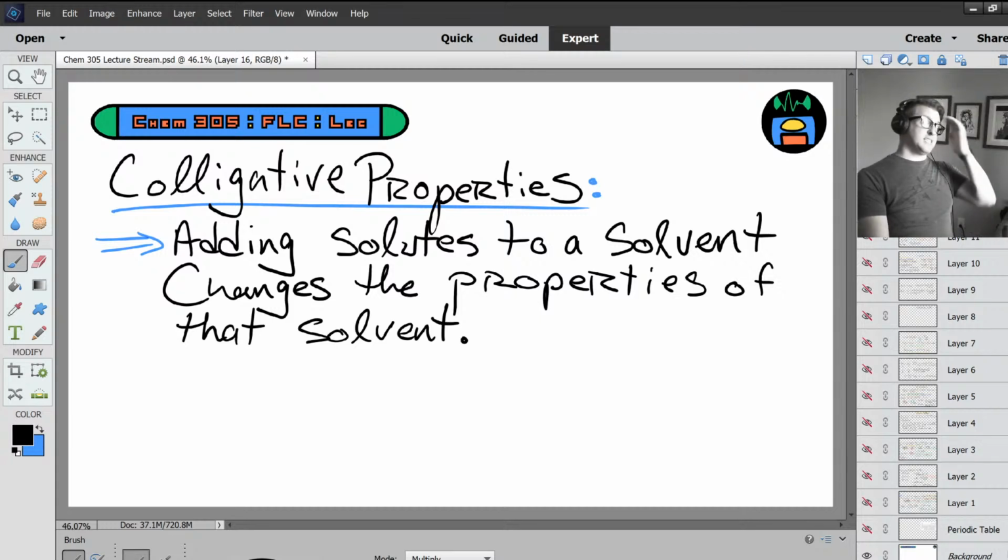Or another way to say this is the properties of a solution, that is a solvent with solutes dissolved in it, will be different than the properties of the pure solvent without the solutes added.